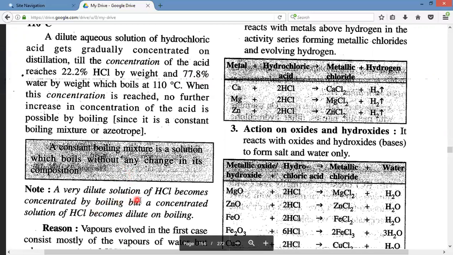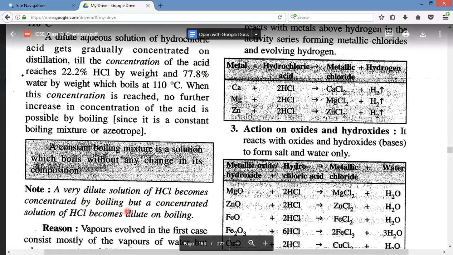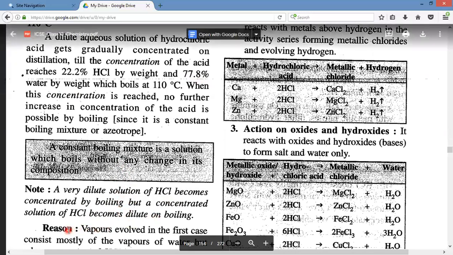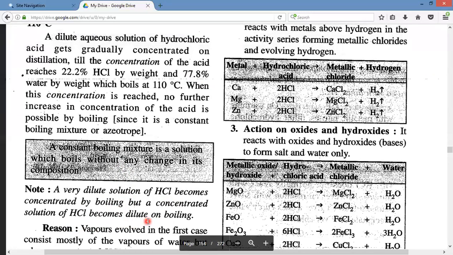A dilute solution of HCl becomes concentrated by boiling. We can change the dilute solution to the concentrated by boiling, but a concentrated solution of HCl becomes dilute on boiling.